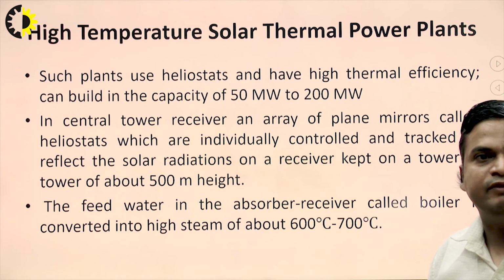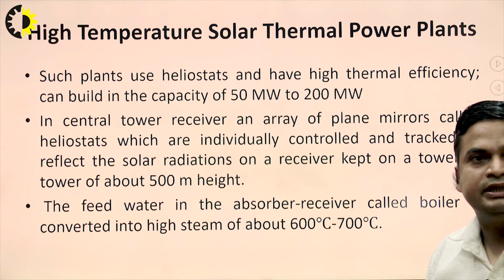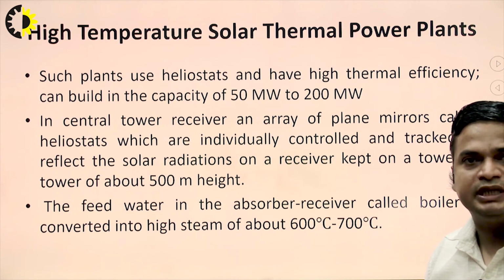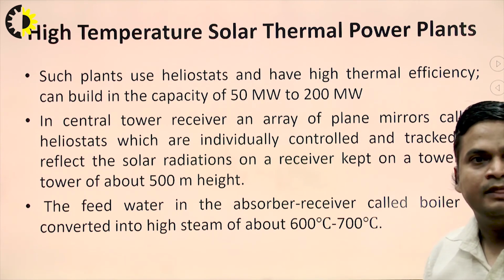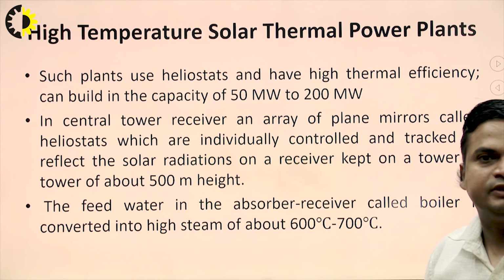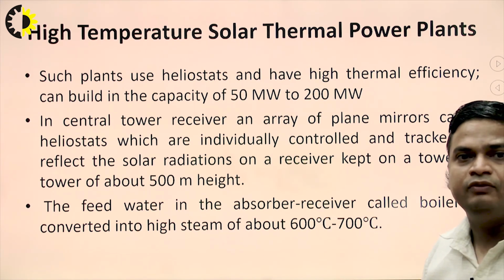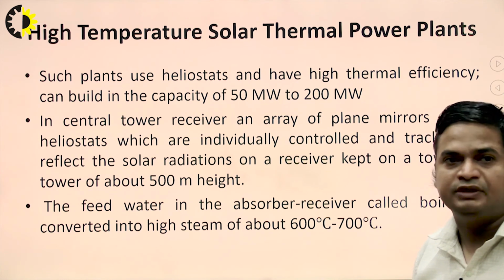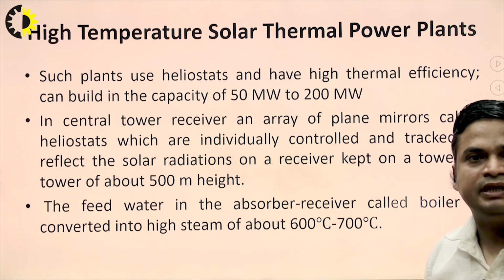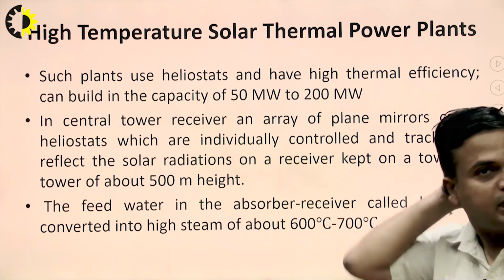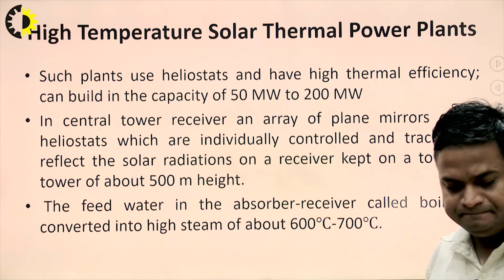Plane mirrors are placed there, and these plane mirrors are also kept apart. The feed water in the absorber receiver, called the boiler, is converted into high temperature steam of about 600 degrees Celsius to 700 degrees Celsius. This means the temperature range is more than the other two types of solar thermal power plants.